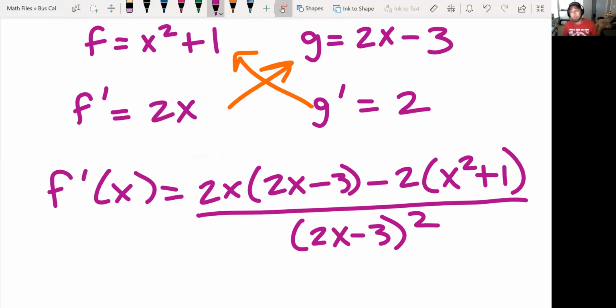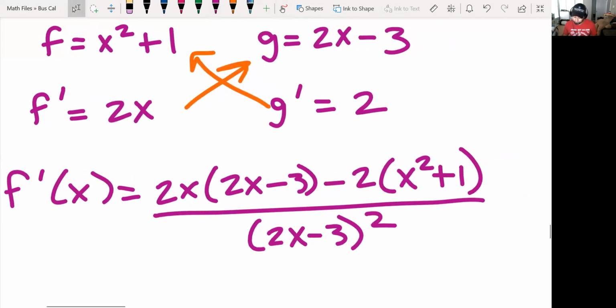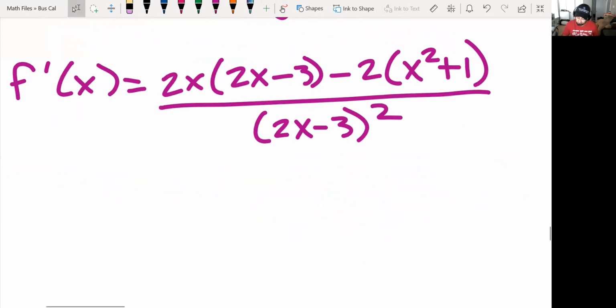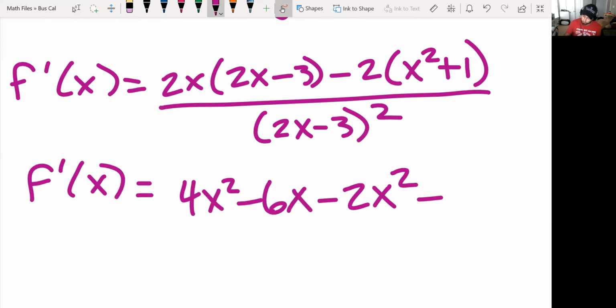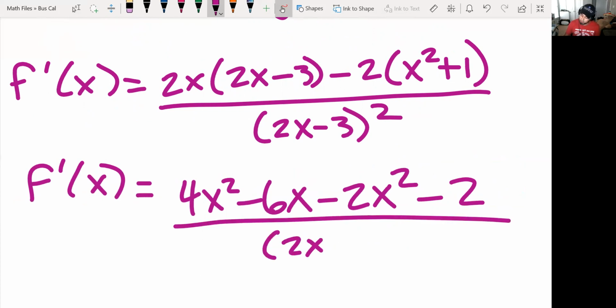Okay, and like I said a million times before, calculus is done. The rest is strictly algebra. So f prime of x is 4x squared minus 6x minus 2x squared minus 2, all over the same denominator.